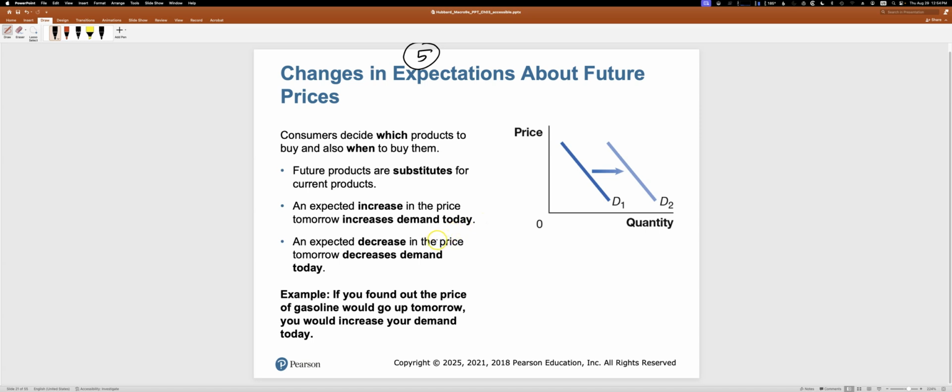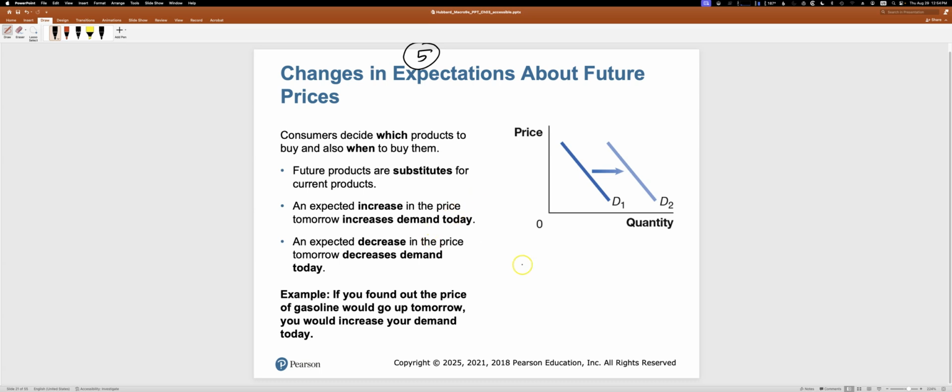This would be the equivalent of either storing more stuff in your house to then consume, or saying, I will use up the stuff in my house before I go out and buy stuff. The simple idea here is that if I expect the future price to be higher, I'll buy more stuff now.